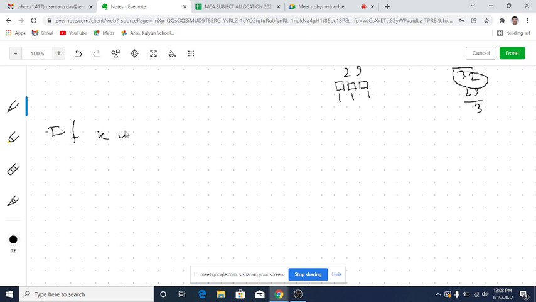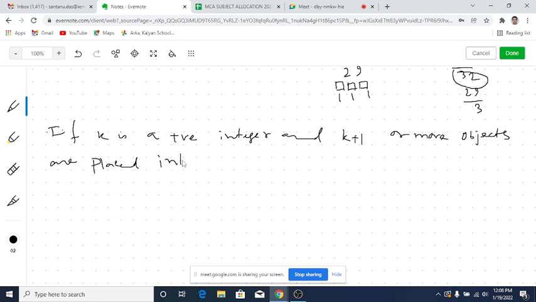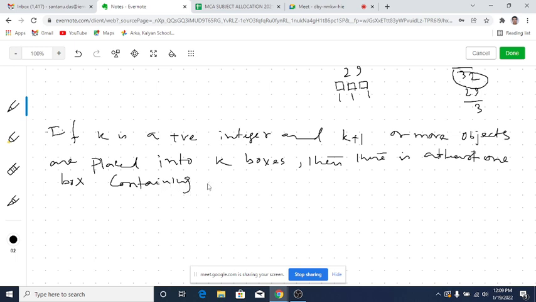If k is a positive integer and k plus 1 or more objects are placed into k boxes, then there is at least one box containing two or more of the objects.